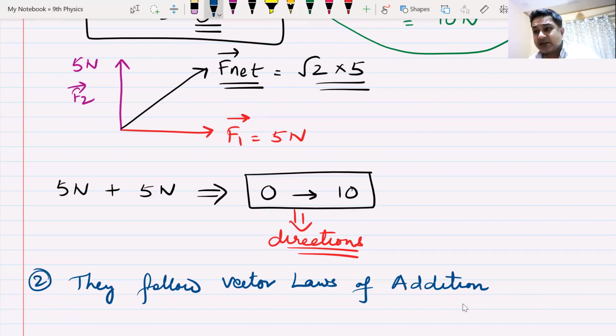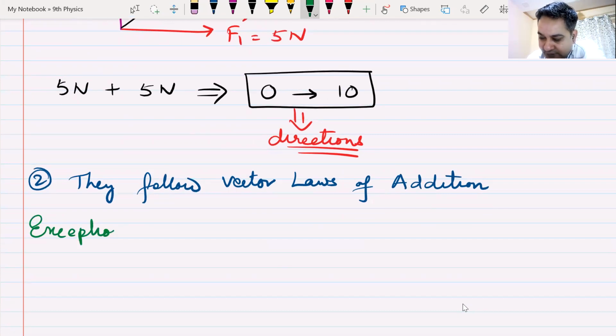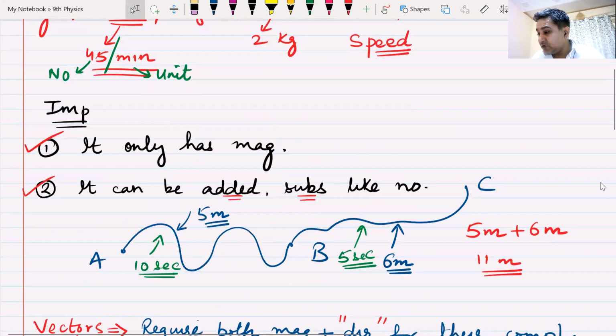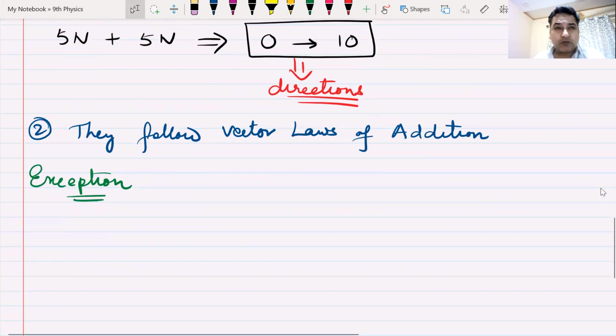We have to add this into the definition because of one particular quantity, which is an exception. That is why the line in red is very important. There is one particular quantity which is a big exception to the definition, and because of this quantity, we have to add the red line.